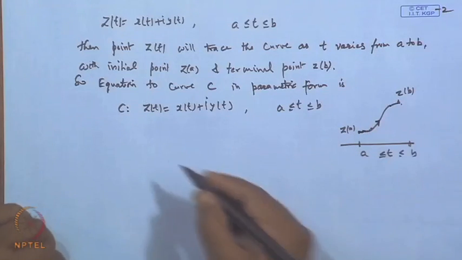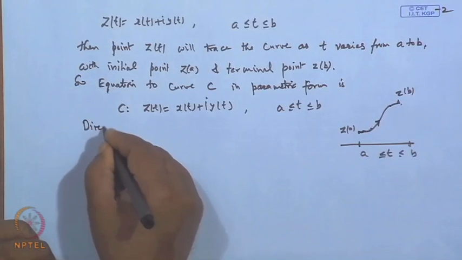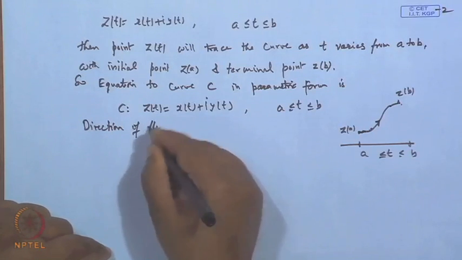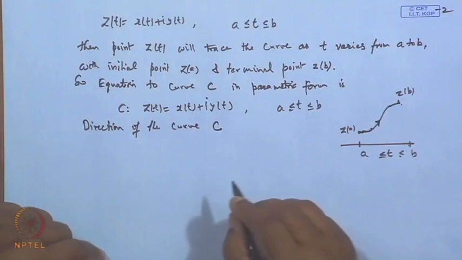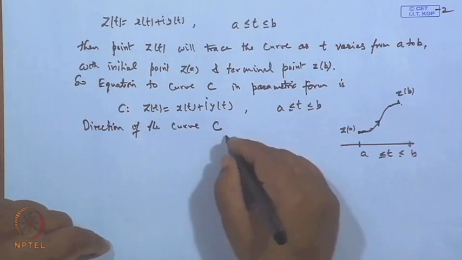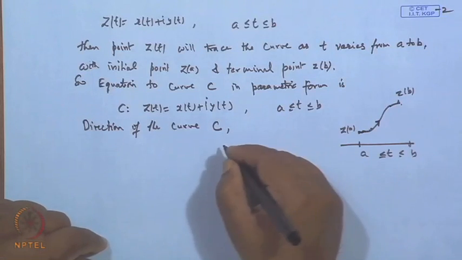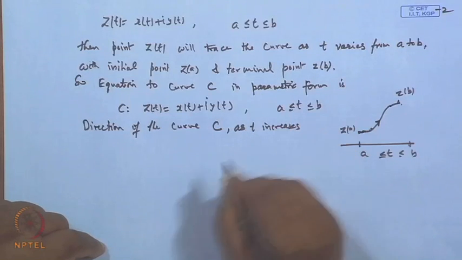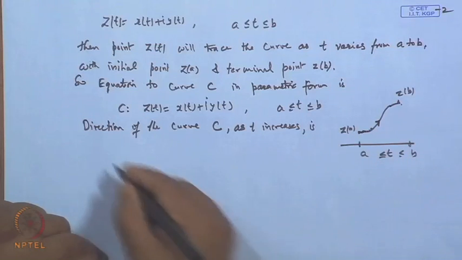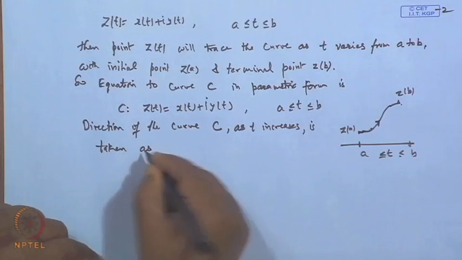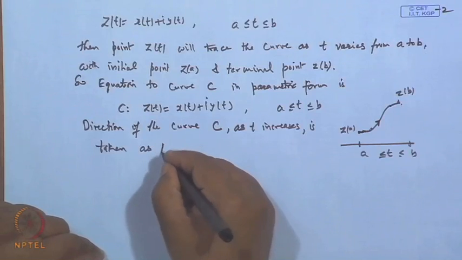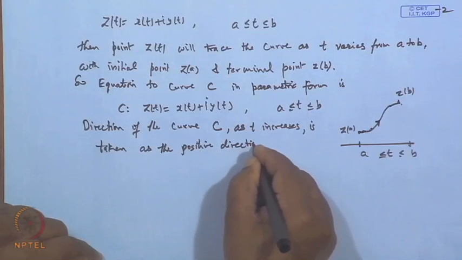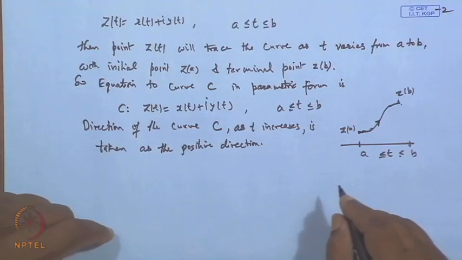We take the direction of the curve C as t increases as the positive direction, and opposite to it will be the negative direction.